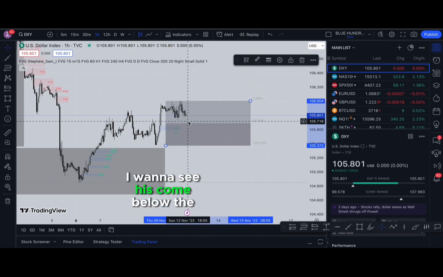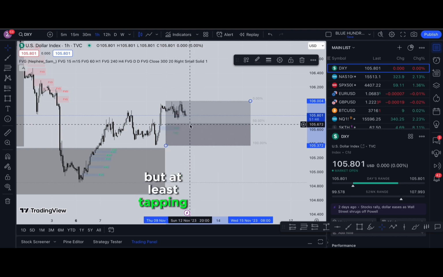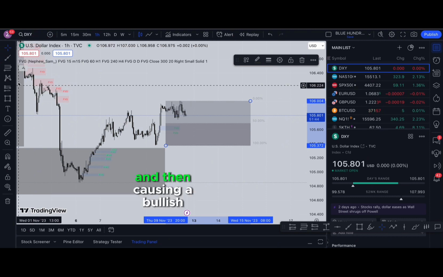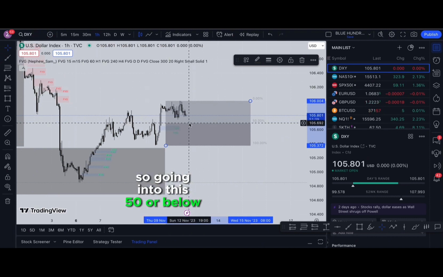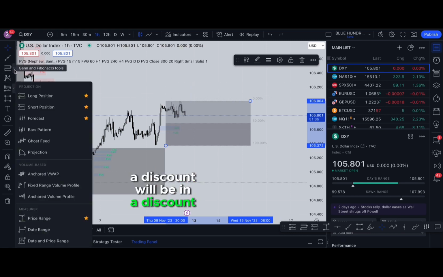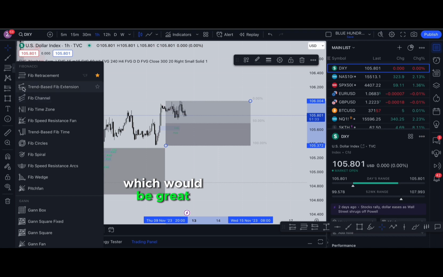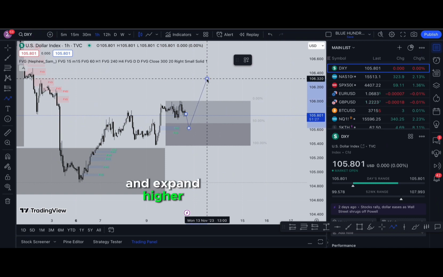I want to see us come below the 50, maybe tap into this fair value gap, but at least tapping into the 50 and then causing a bullish reaction after that. So going into this 50 or below that 50 is going to be a discount. We'll be in a discount for the range, which would be great. And I want to see price do something similar to this and expand higher.